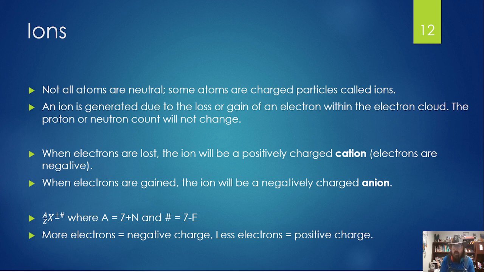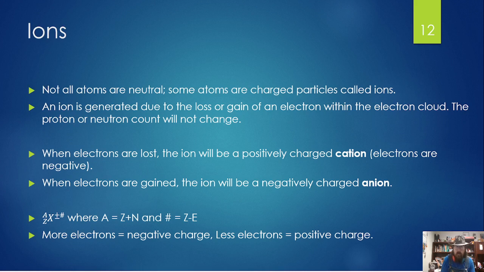If we look at nuclear chemistry, then things can change, but the majority of chemistry will be due to the loss or gain of electrons, because the electrons are out in the cloud. It's very easy to remove them or add them. The nucleus is very hard to get at because it is incredibly stable.